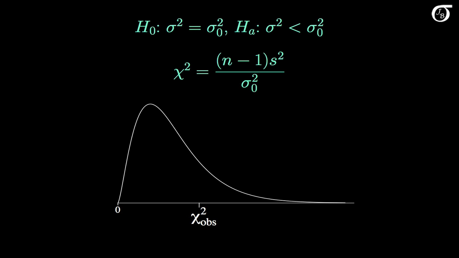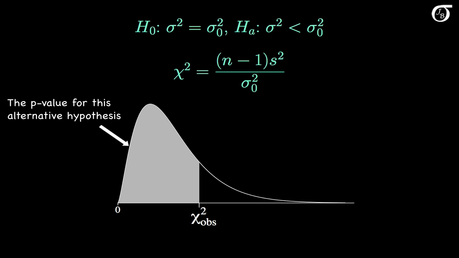Here, small values of the test statistic give evidence against the null hypothesis and in favor of this alternative hypothesis. So the p-value is the probability, under the null hypothesis, of getting this observed value of the test statistic or something less, something farther to the left. And that's simply this area, the area to the left of the observed value of the test statistic under the chi-square distribution with n-1 degrees of freedom.